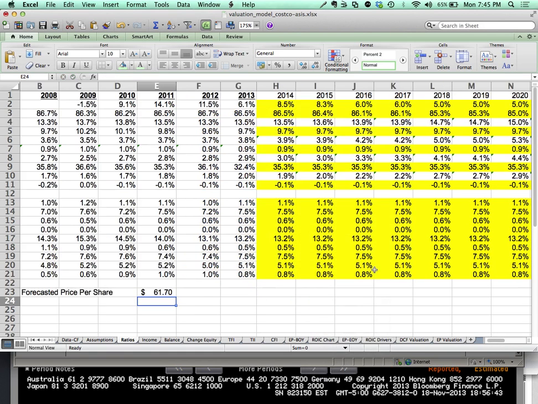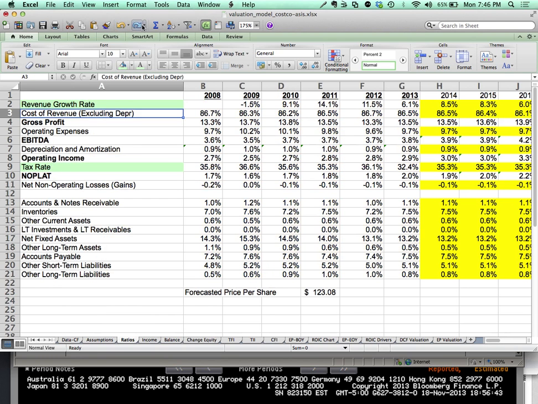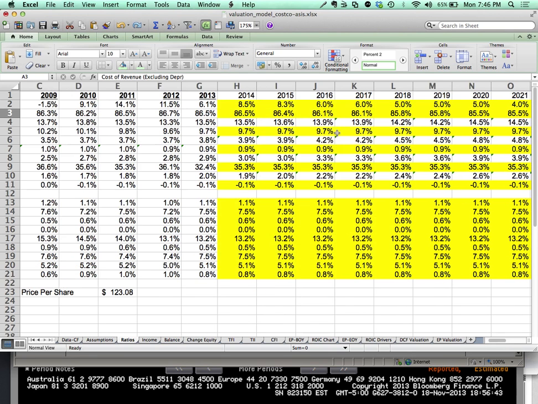Sorry, I'm going in the wrong direction. Long day here. Undo, undo, undo. Redo. All right, so back to this. I want to go to lower margins. So I want my 85.3. Is that right?